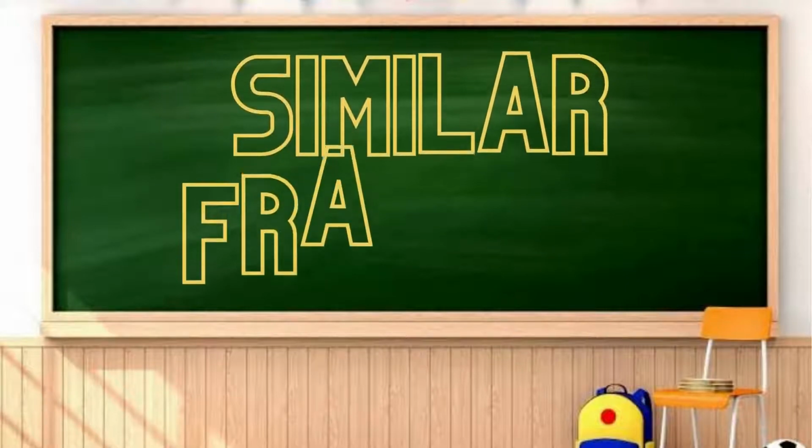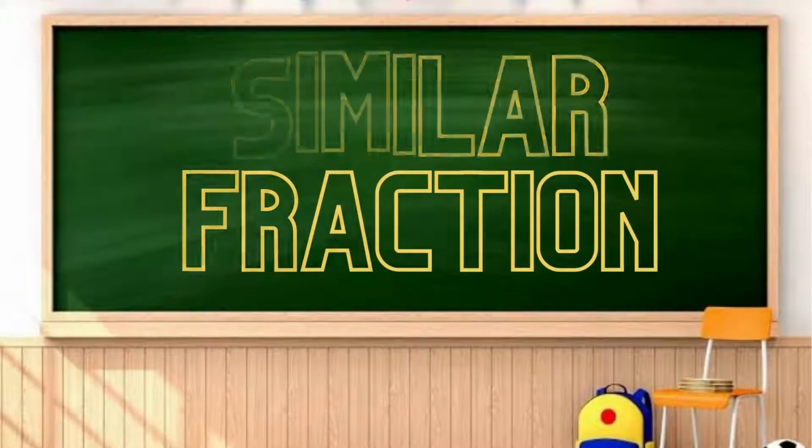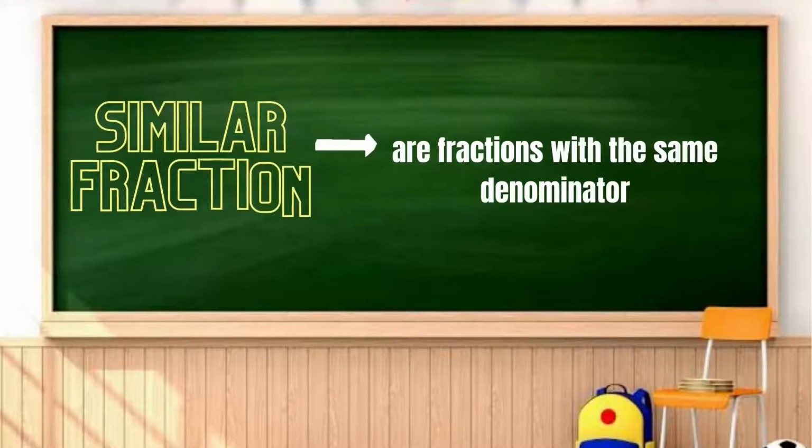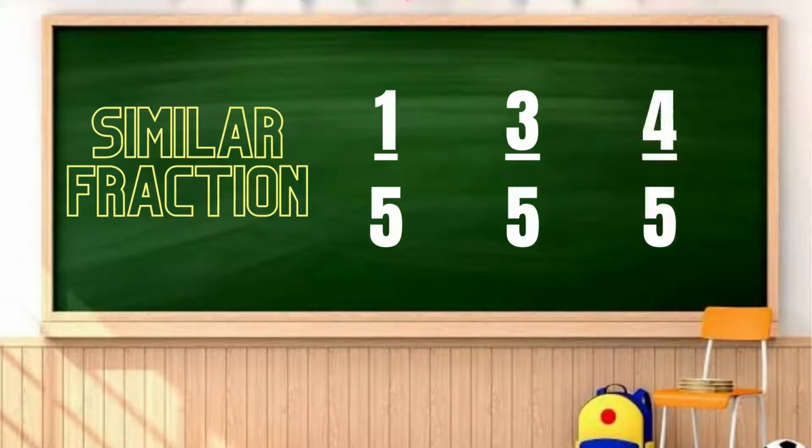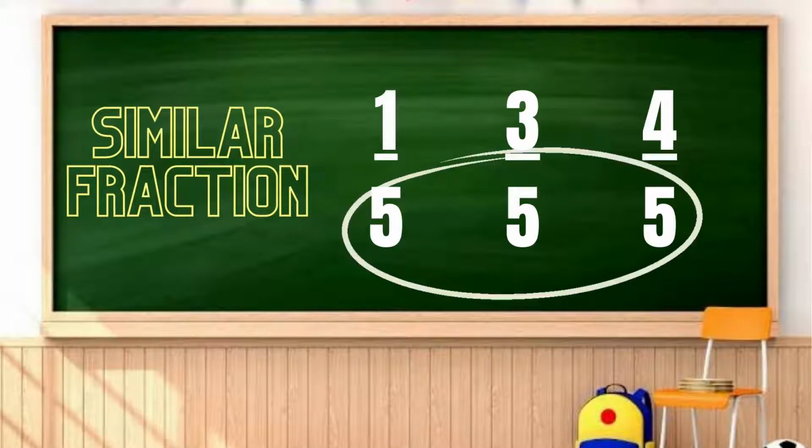Second word is similar fractions. Similar fractions are fractions with the same denominators. Example, 1/5, 3/5, and 4/5 are called similar fractions because they have a common denominator, which is 5.